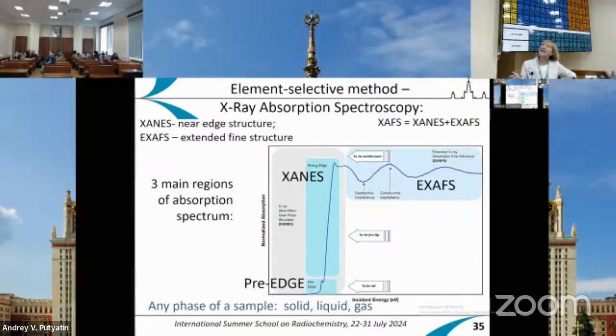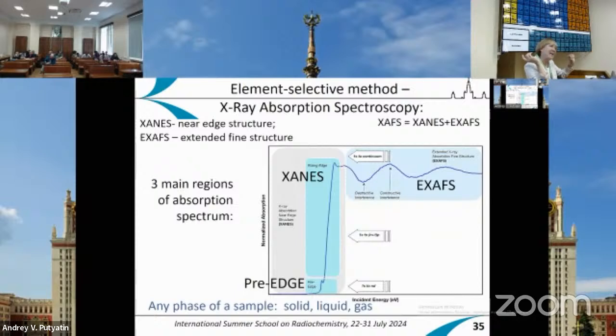X-ray absorption is a very good method because it is element selective. We have some matrix with different kinds of elements. If you go to X-ray diffraction or micro-Raman, you get a lot of different lines and peaks of different elements.